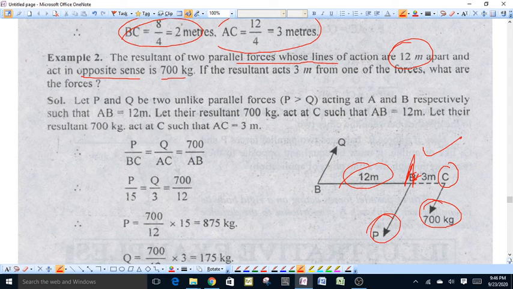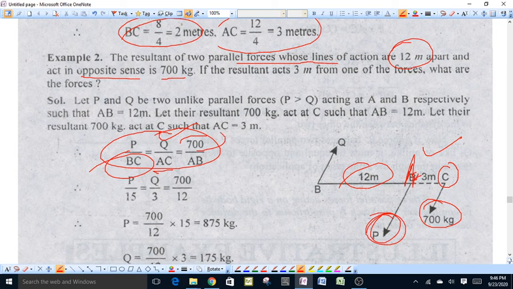Now, according to the law we have studied earlier, P upon BC is equal to Q upon AC, that is, first force upon the distance between the other two, that is BC. Second force, distance between the other two forces, that is AC.